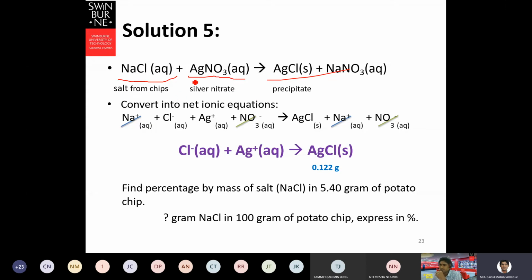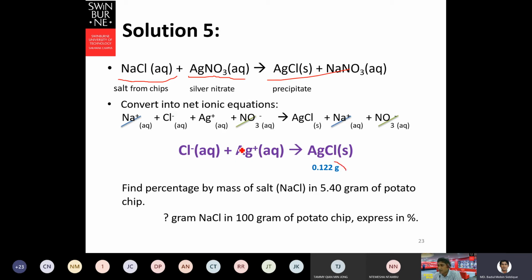So from this molecular reaction we produce the net ionic reaction. After we deduct the spectator ions, we see that chloride and silver together are producing silver chloride.